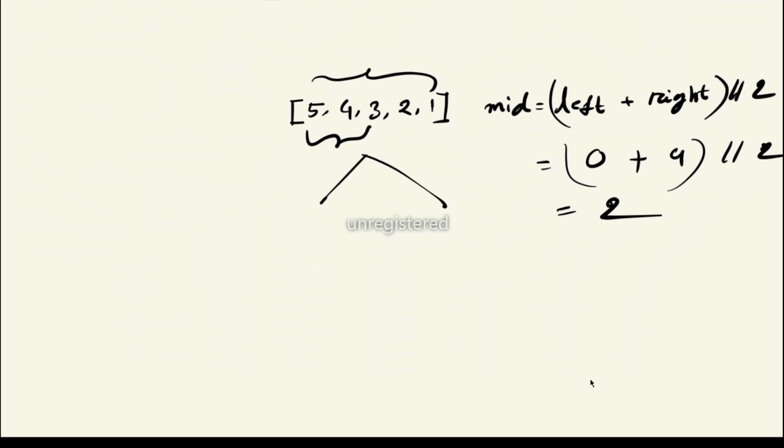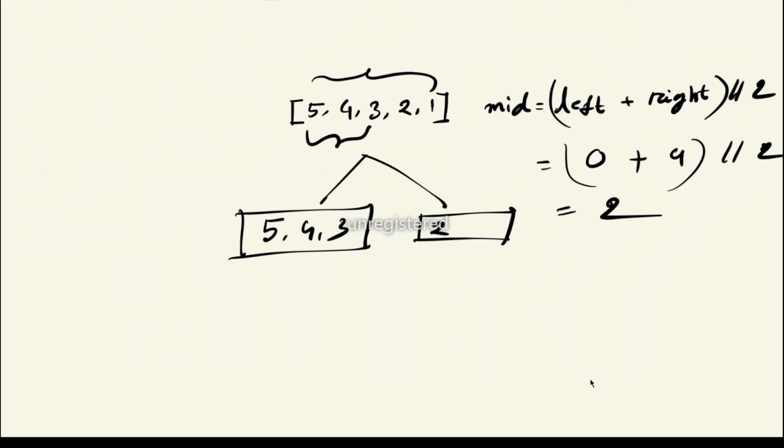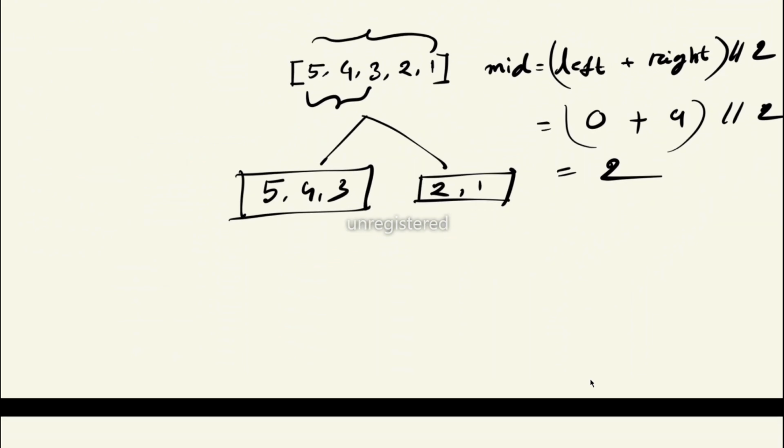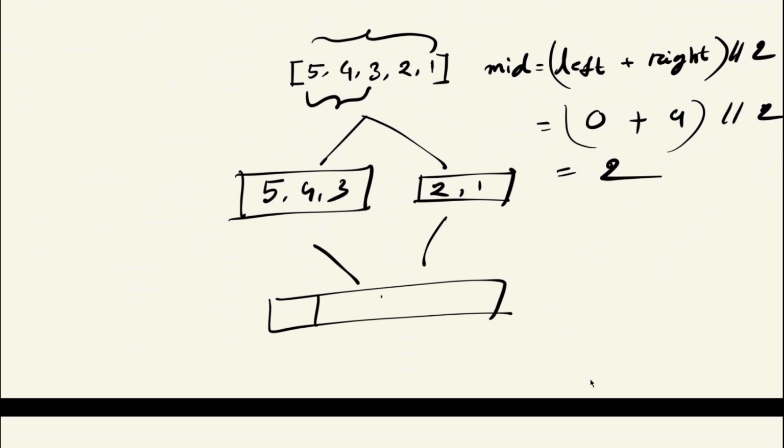So one part will contain 5, 4 and 3, and the other part will contain 2 and 1, right? Okay, so now our problem is to merge this thing and count the number of inversions.